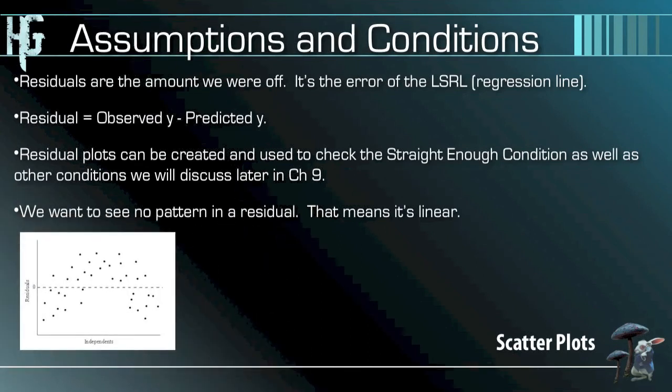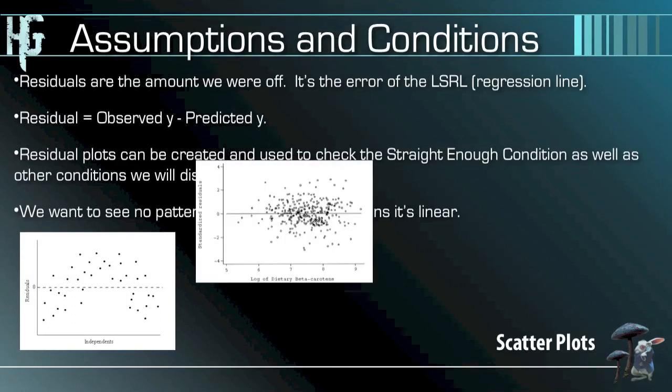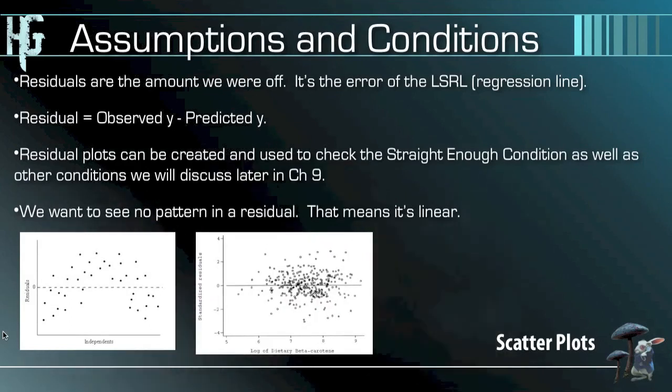So this one fails which assumption or which condition? That one is definitely not straight. So that means it's not linear. Now we are looking at residual values here. These are all residuals, not the actual scatter plots. A residual graph actually takes your scatter plot and exaggerates its non-linearity.